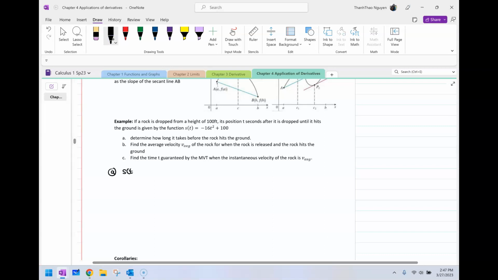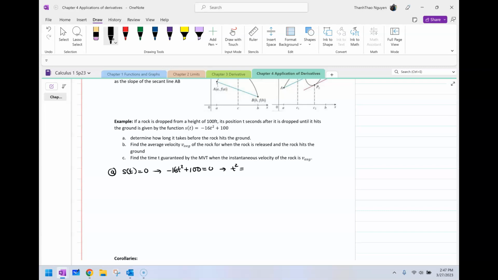So negative 16t squared plus 100 equals 0. So t squared equals 100 over 16. This means t equals plus or minus 10 over 4, that is plus or minus 5 over 2.